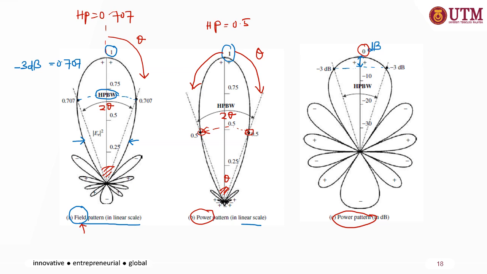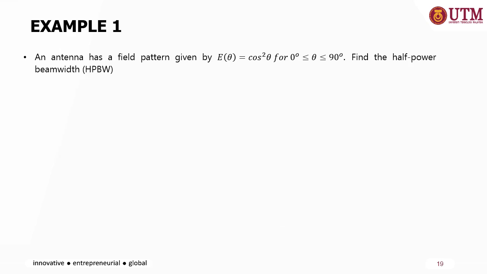So the HPBW for the power pattern in dB is equal to 2 theta, and it happens at the minus 3 dB points. It's very important to read through the condition to see whether you have the power pattern or field pattern in your analysis. Okay, let's look at this example.